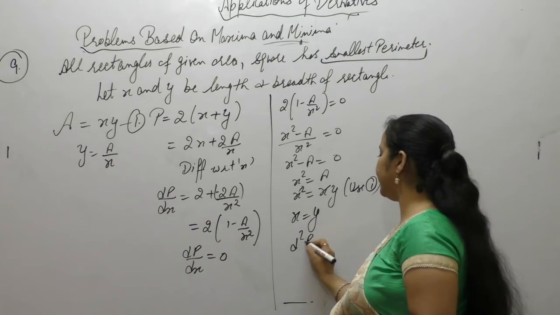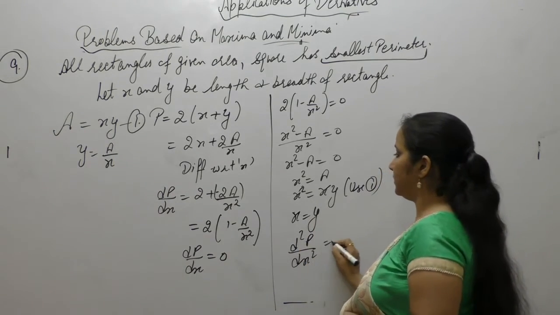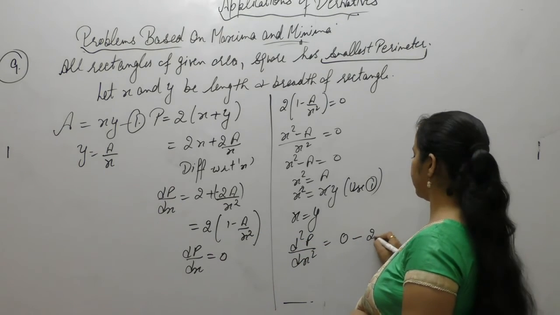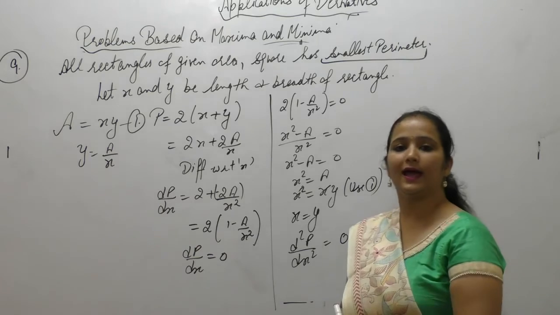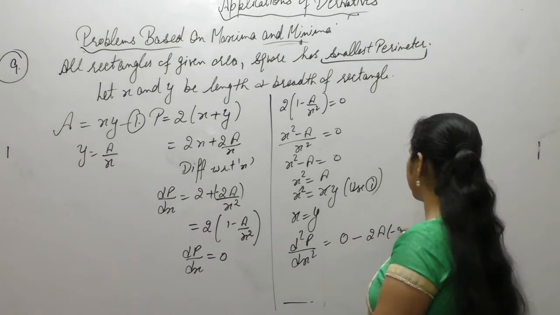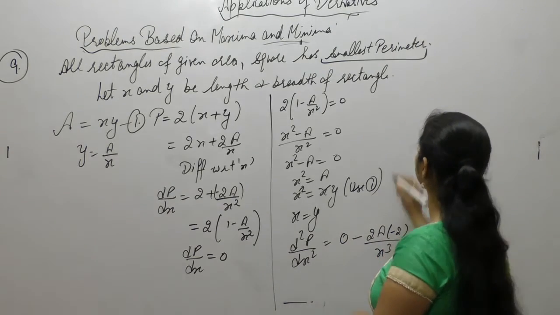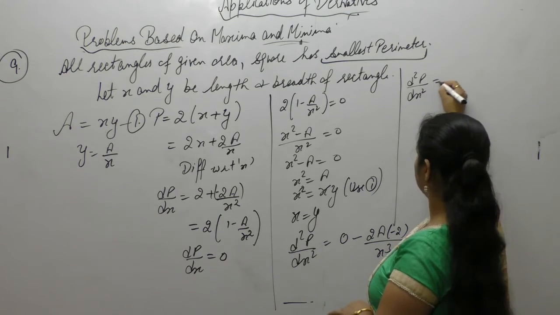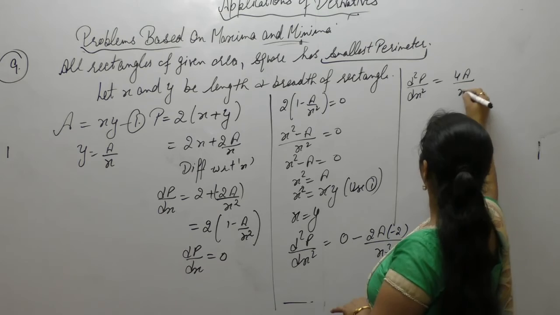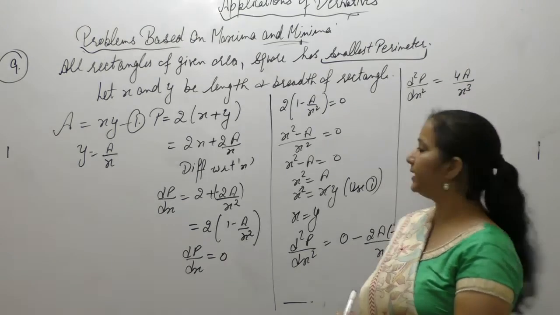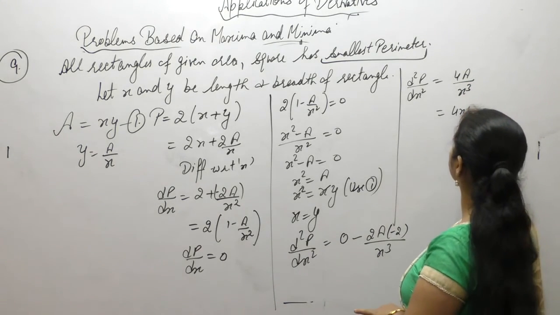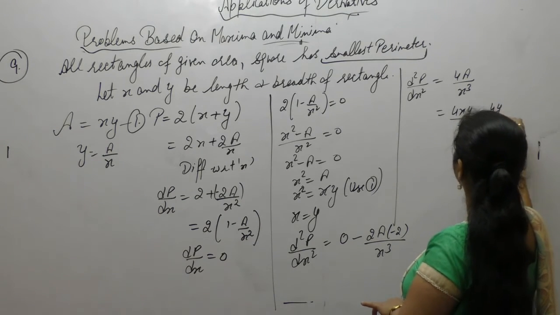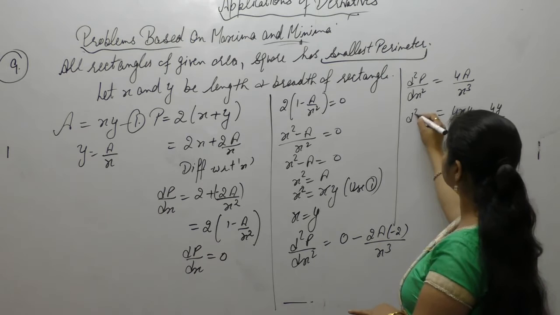Find the second derivative. Derivative of 2 is 0, minus 2a constant, x power minus 2 upon x cube. So we get the second derivative 4a upon x cube. A is xy, so 4y upon x square.